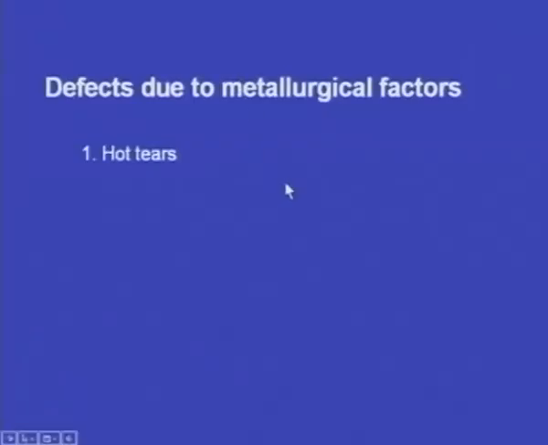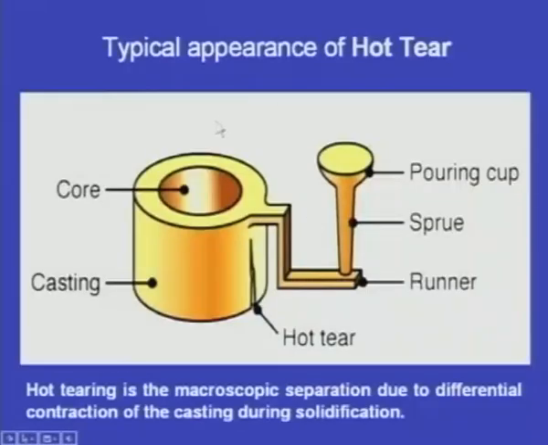Next one, defects due to metallurgical factors. Under this we can see the hot tears. So this is the typical appearance of a hot tear, and here we can see a ring type of casting. To produce this kind of ring type of casting, a core is used inside, maybe a metallic core or a sodium silicate core, which will be very hard.